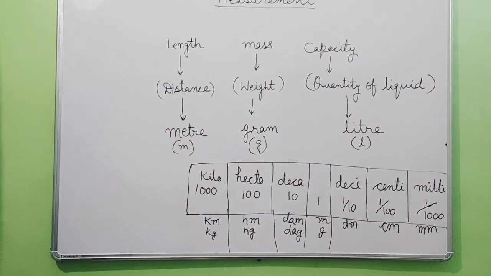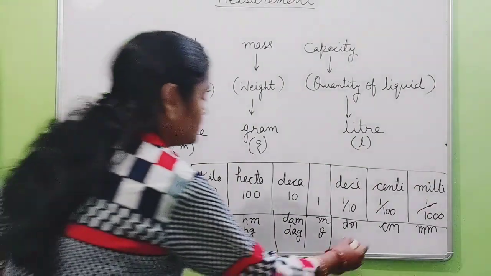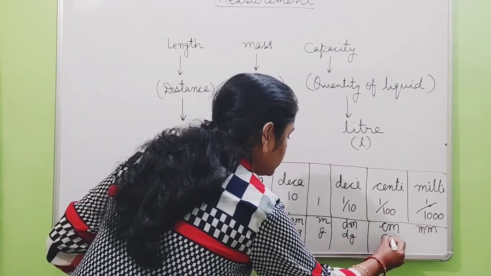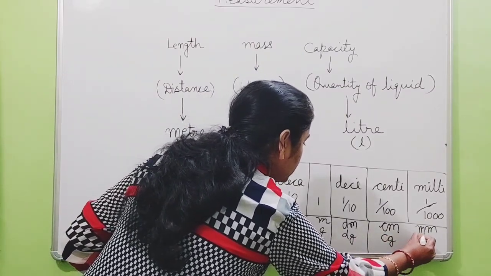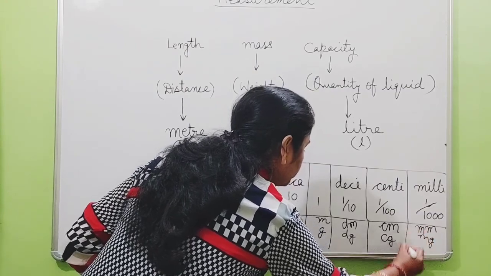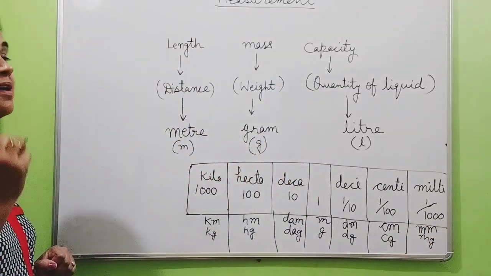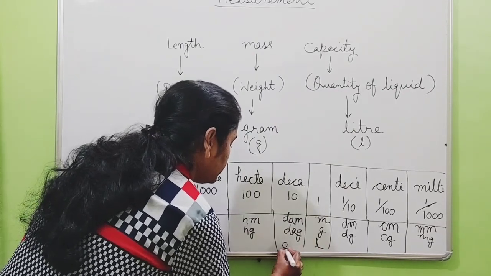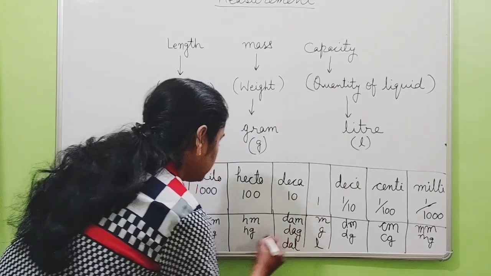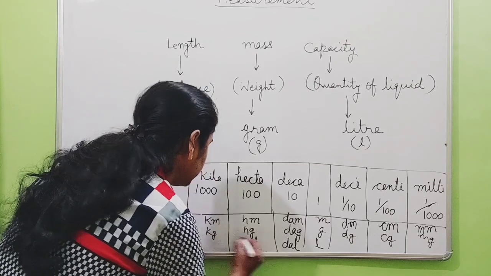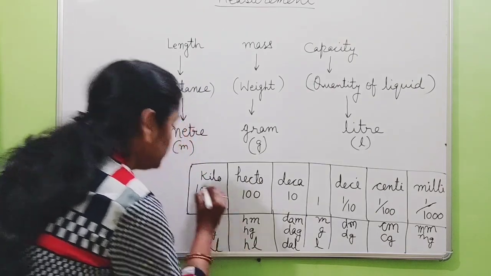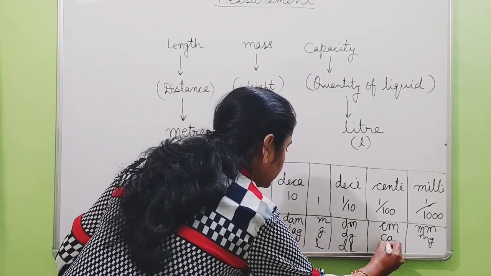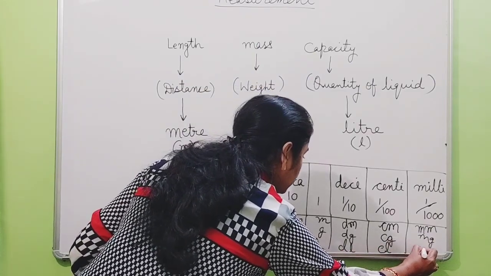Next, decigram, centigram and milligram. And for liter it will be decaliter, hectoliter, kiloliter, deciliter, centiliter, milliliter.